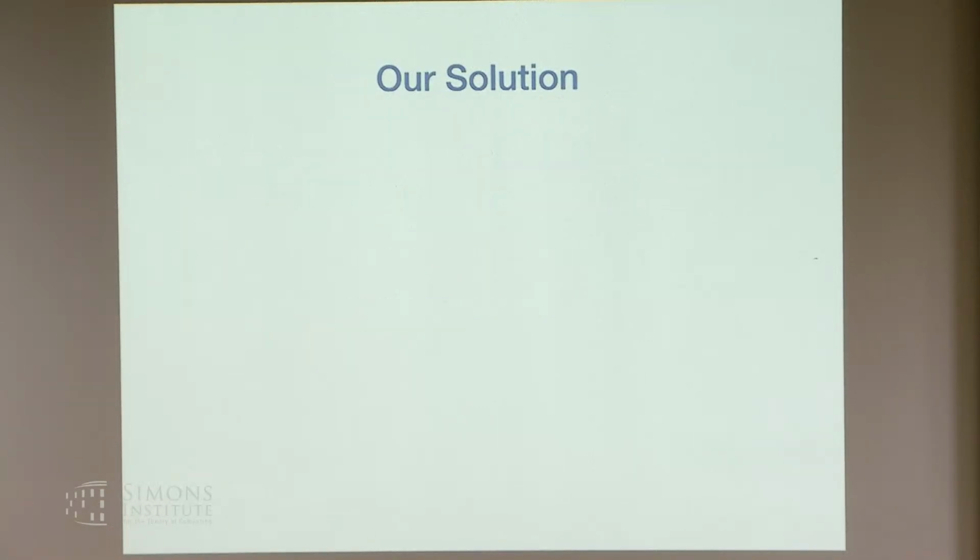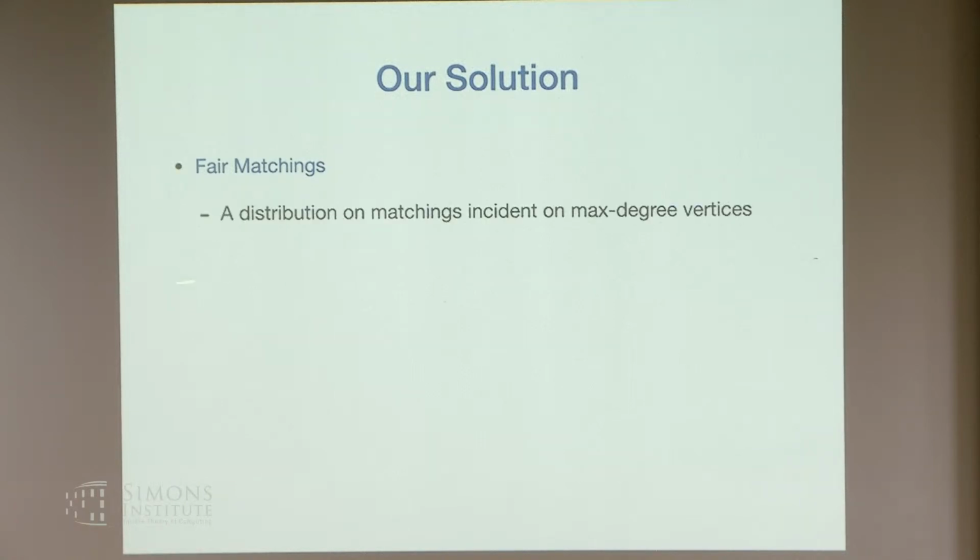So what is the solution? We're going to define what I'll call fair matchings. They are a distribution over matchings on maximum degree vertices of a graph. So I'm not assuming my graph is regular anymore; I'll work with the maximum degree vertices.